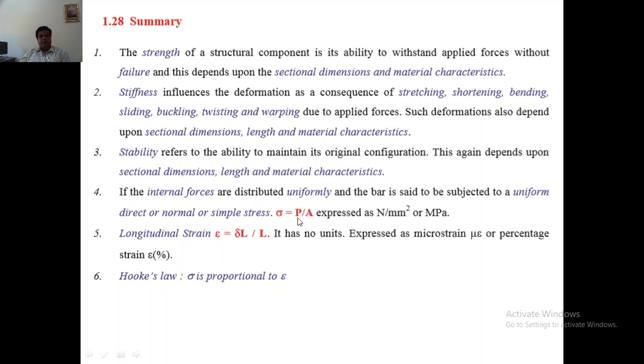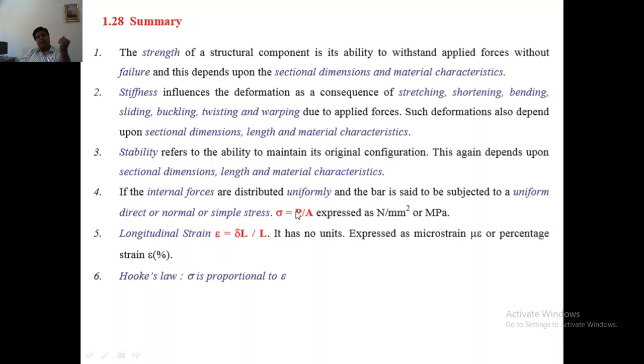And coming to stress, normal stress or simple stress or direct stress, whenever you apply load on the material, it will oppose that load over the cross-sectional area. That ratio is called simply stress, or since the load is normal to the area, we call it normal stress or direct stress or simple stress.